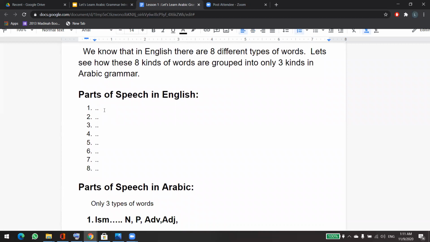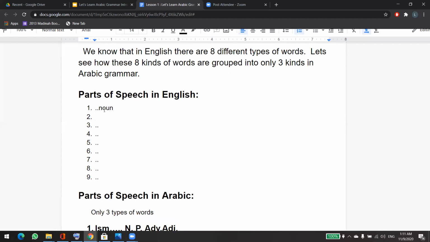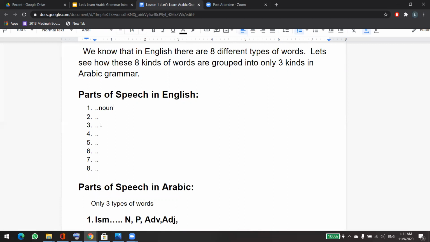Anyone can tell me? Yes, noun. Then, hold on, please. Yes, then pronoun. Then adjective.